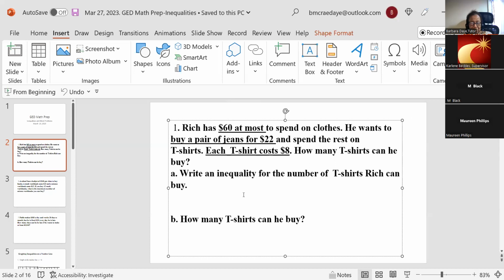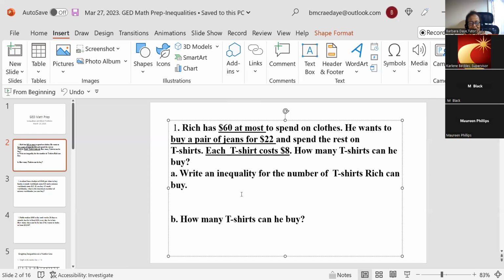Now, where would you put it? I put 60 first and then minus 22. Okay, now that amount, what must be less than or equal to that amount?